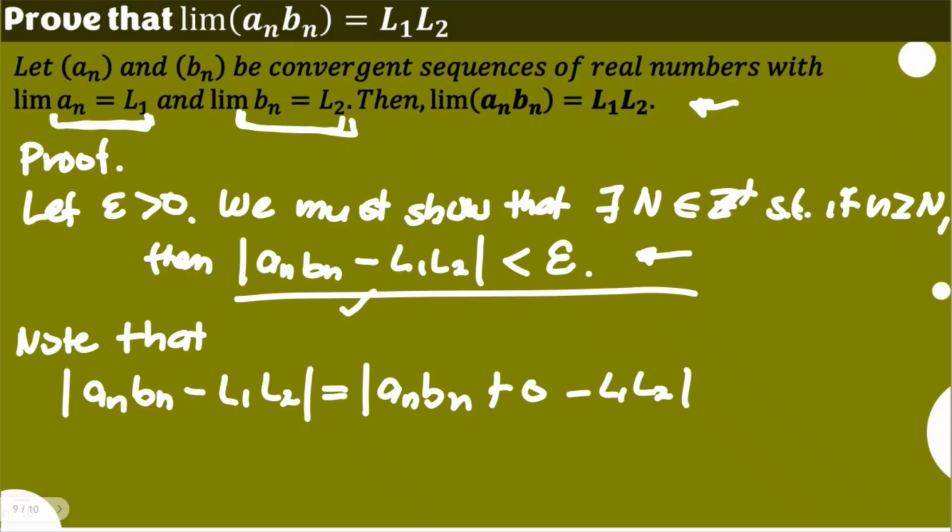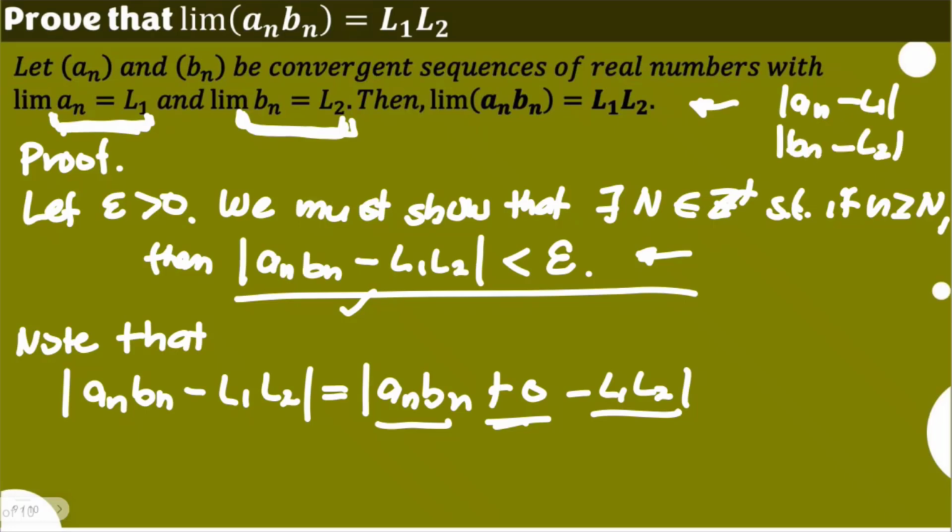I'm adding 0, don't worry about that. It's the identity element for addition, so we are not changing the actual expression, but I'm adding 0 to introduce inverses that I can pair later so that a sub n minus L sub 1 and b sub n minus L sub 2 will come out in this form later. That's why I'm introducing 0.